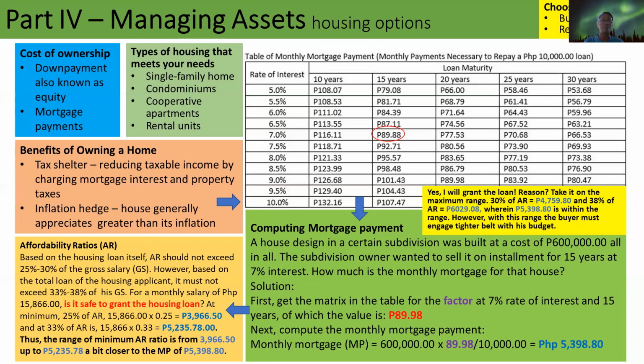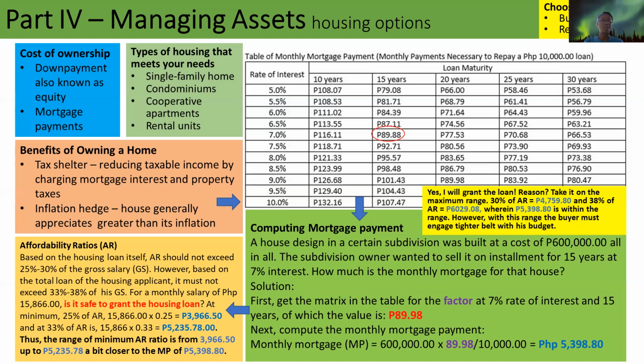Now, let's compute. No? 15,866, I will base it muna sa minimum. Ha? Ang minimum na range from the housing loan itself to the total loan is 25 to 33%. No? So 25% of 15,866 is 3,966.50.